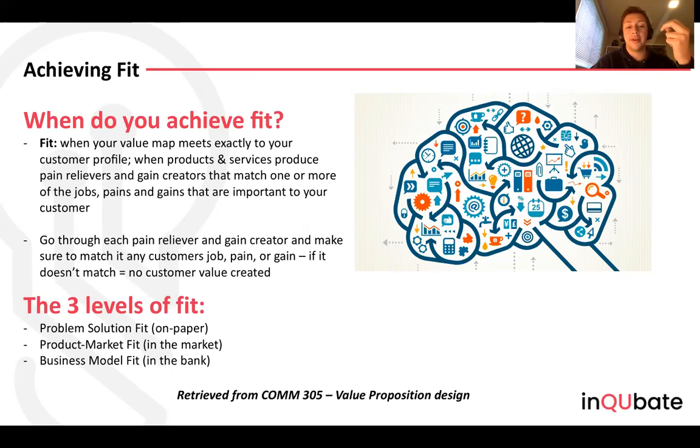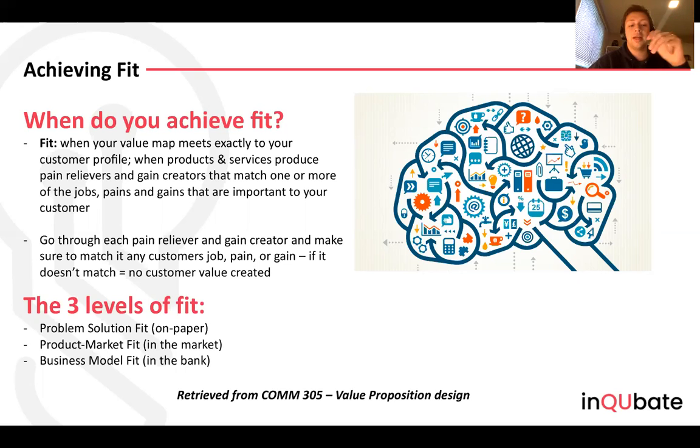There's a problem solution fit. It's on paper. It's a hypothesis. It hasn't been tested and it hasn't been battle tested in the actual market or in terms of extracting value. Second is product market fit. Does the market have a need for this? You can identify this through primary research, through secondary research, through actually selling, and using your product in a practical sense.